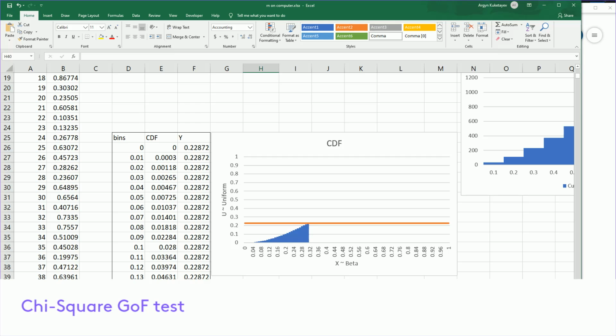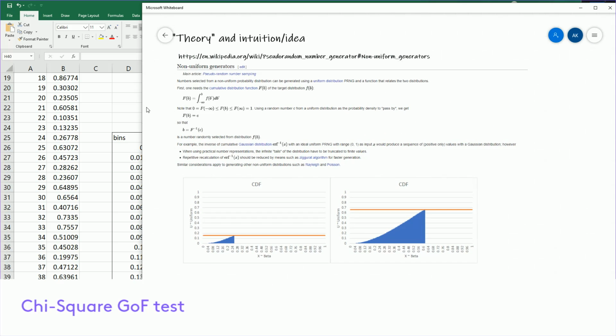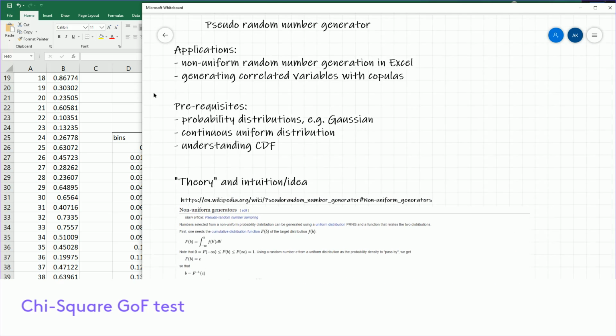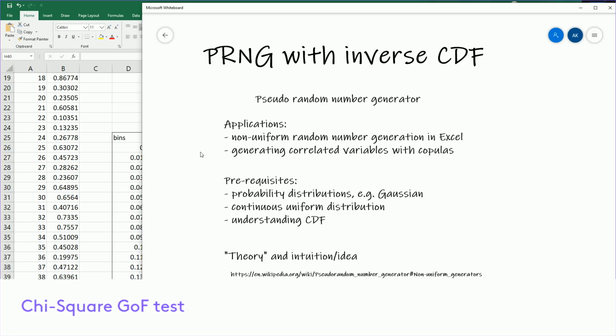And where is it used? It can be used to actually generate random numbers, but I alluded to it earlier, in the random number generation videos in Excel, that it may not be the most efficient method, and it's true.